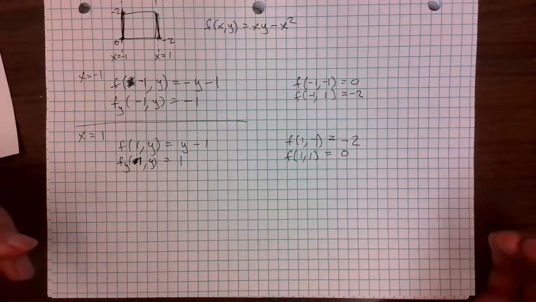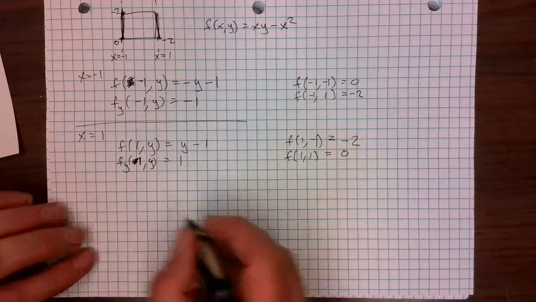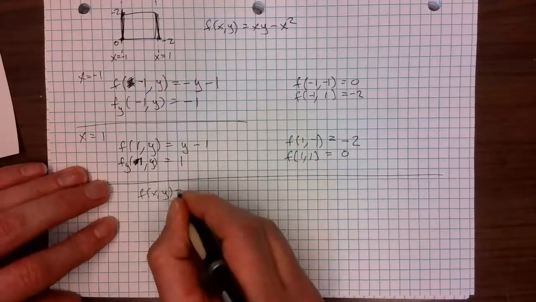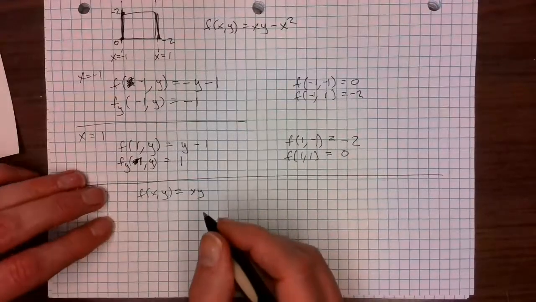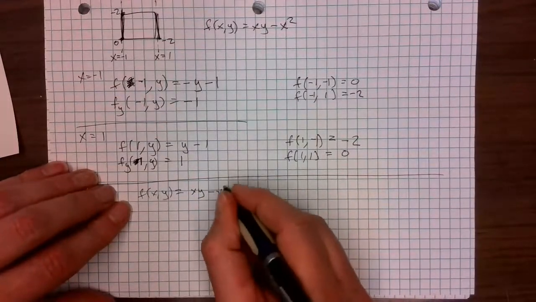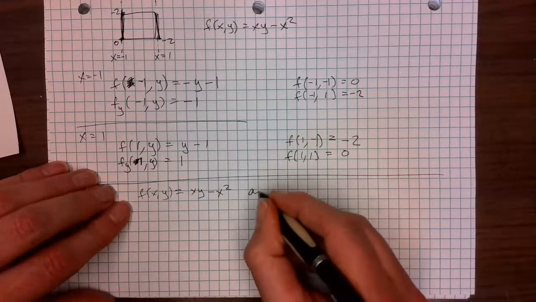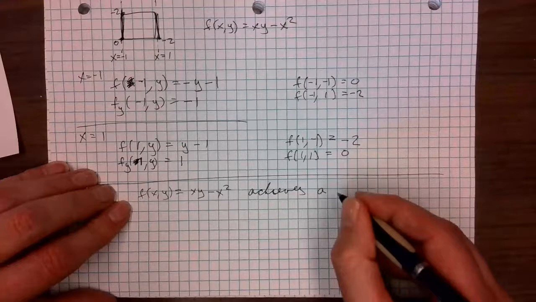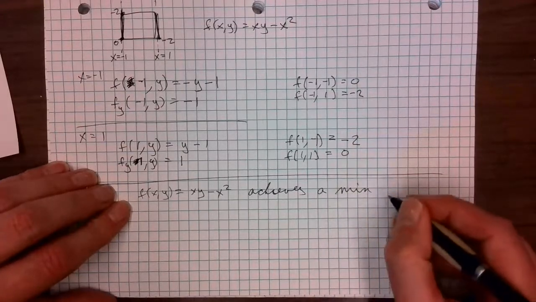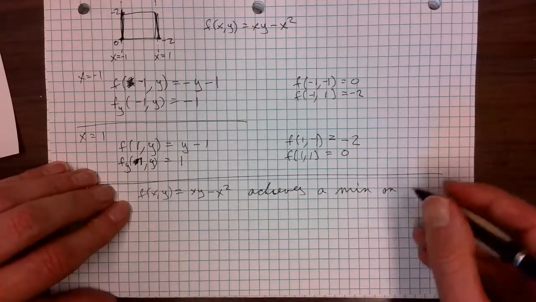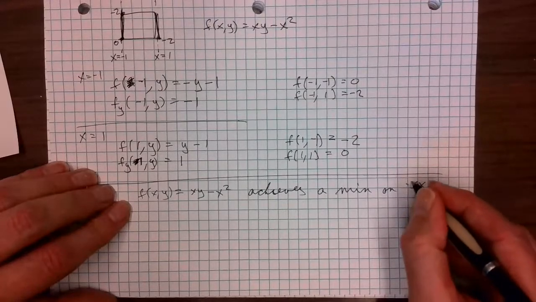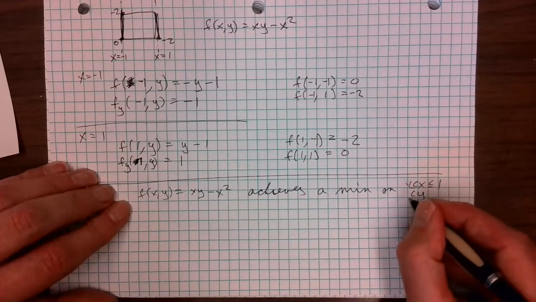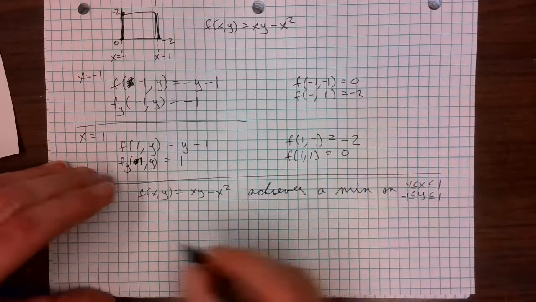Okay, so that means that overall, f of x, y is xy minus x squared. Actually, it achieves a minimum on the set where x is between -1 and 1, and y is between -1 and 1.